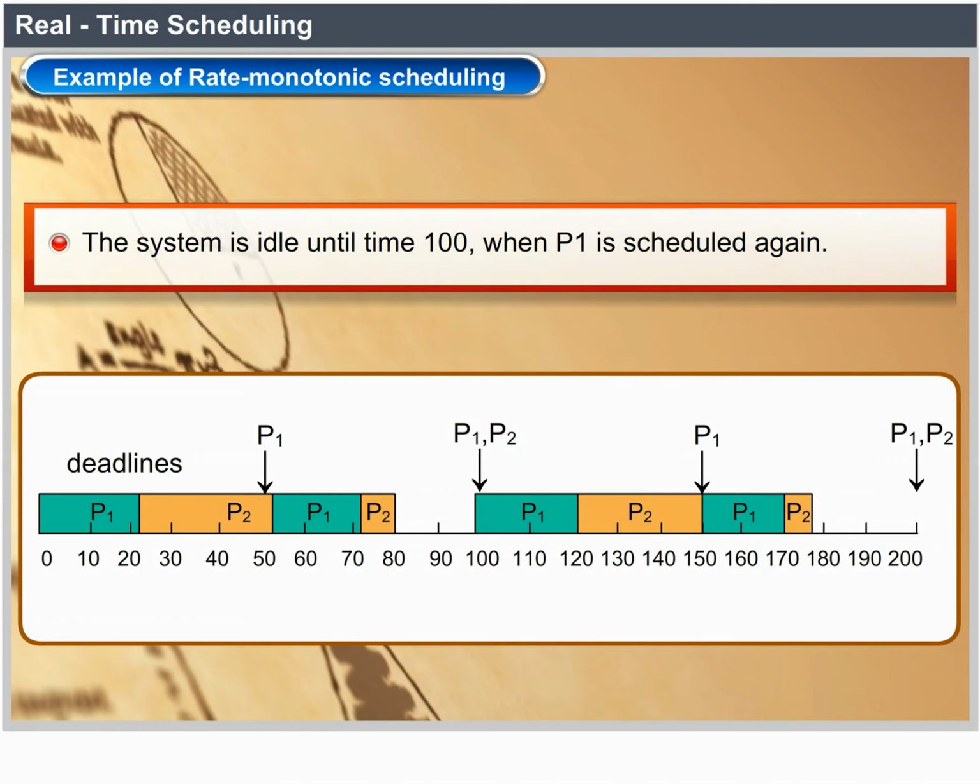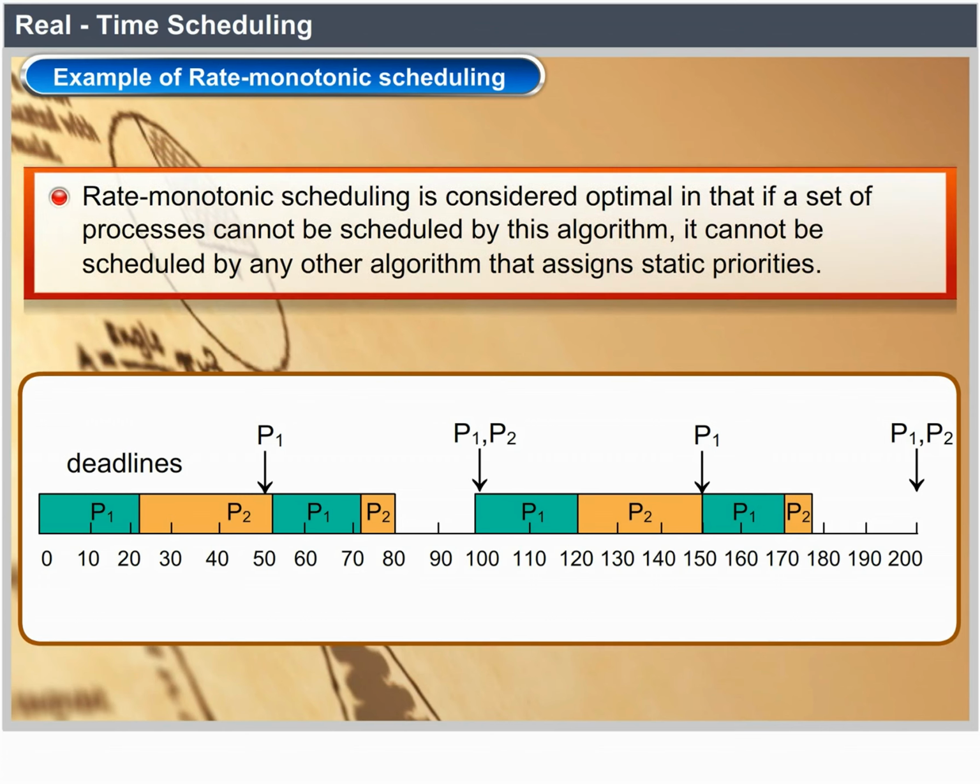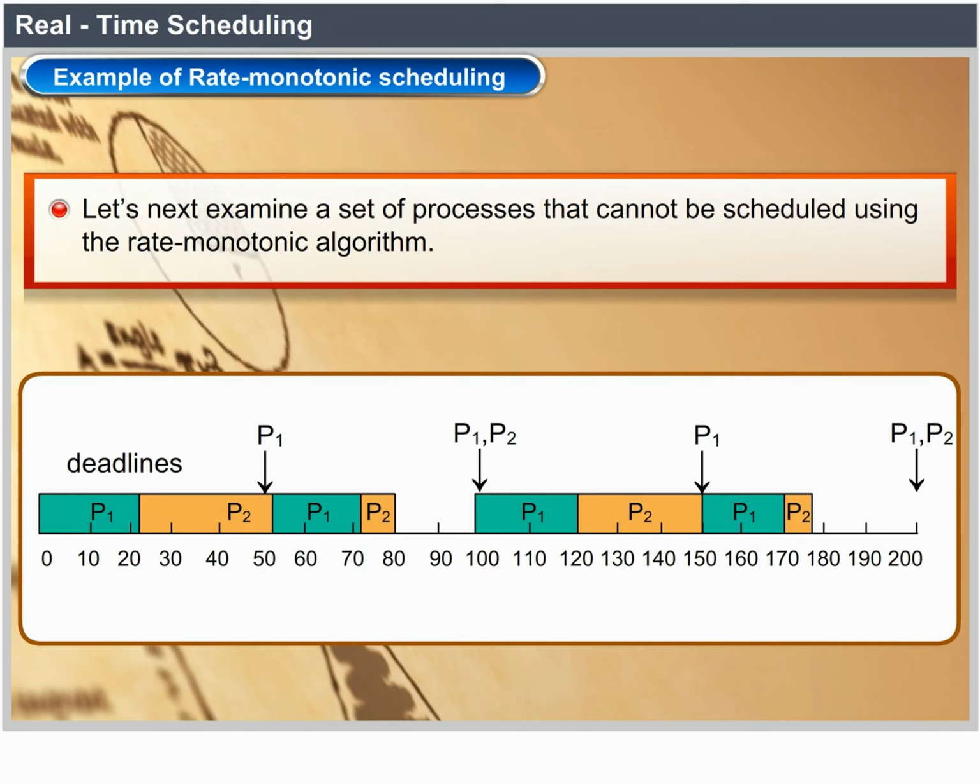Rate monotonic scheduling is considered optimal in that if a set of processes cannot be scheduled by this algorithm, it cannot be scheduled by any other algorithm that assigns static priorities. Let's next examine a set of processes that cannot be scheduled using the rate monotonic algorithm.